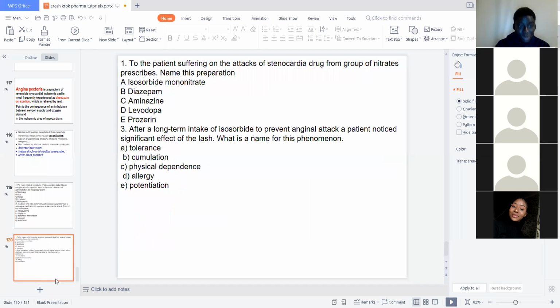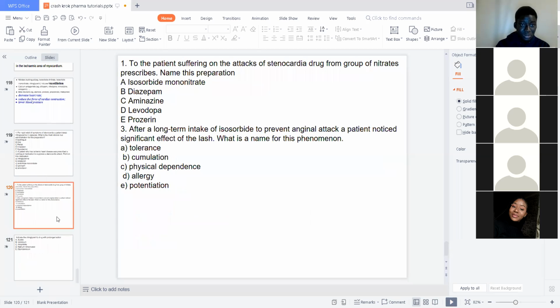Okay, next question. To the patient suffering an attack of stenocardia, a drug from the group of nitrates was prescribed. Name the preparation. Group of nitrates. That would be A. Correct. Good job.